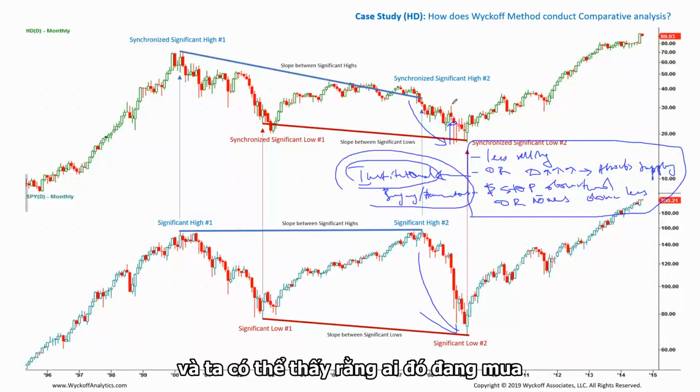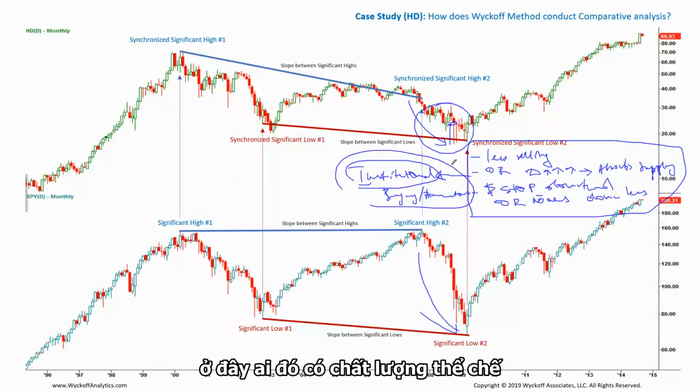And we could see that somebody's buying here, somebody of institutional quality, and they're probably going to hold on to the stock for some time if they're buying at this level, institutionally.